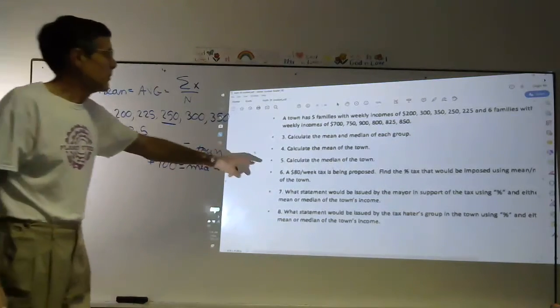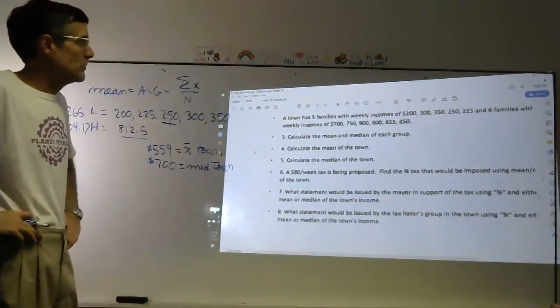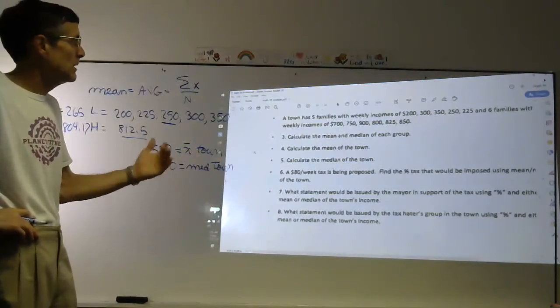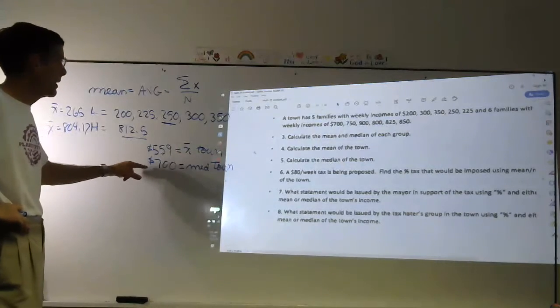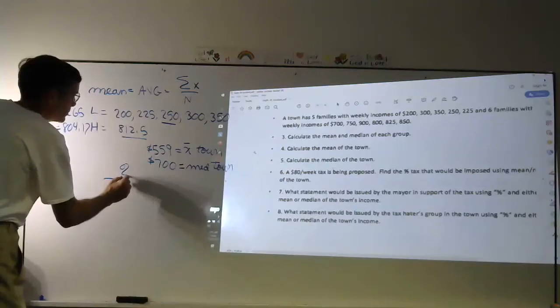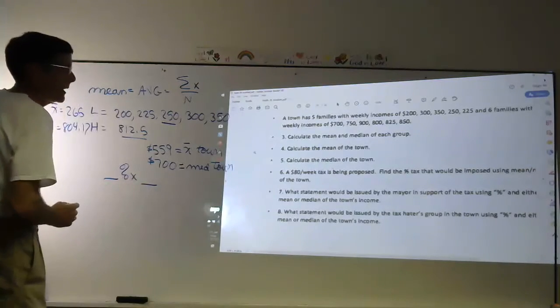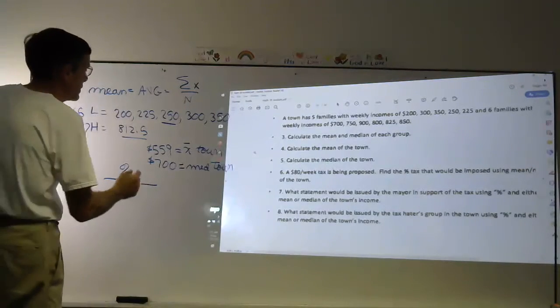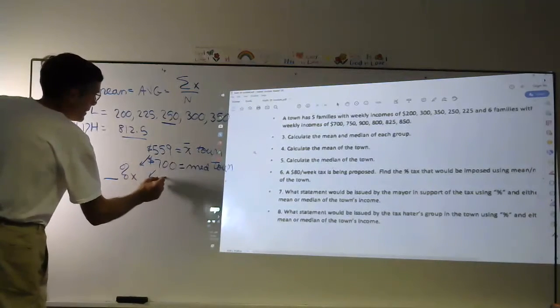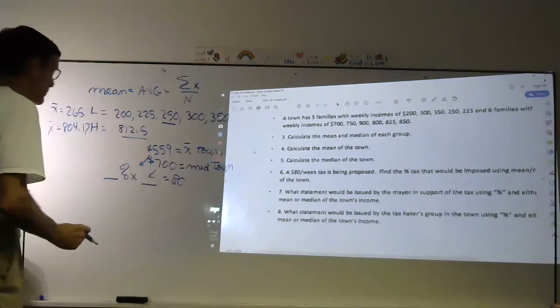An $80 per week tax is being proposed. Find a percentage tax that would be imposed using the mean or the median of the town. Okay, so if you go back to how we did percentage problems, what is the rate of the tax? If the total amount of income is either the 559 or the 700, and the tax is 80, right?